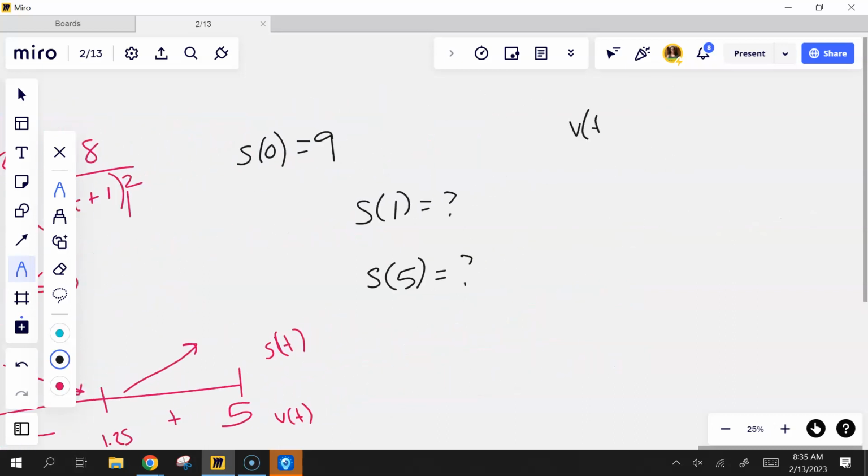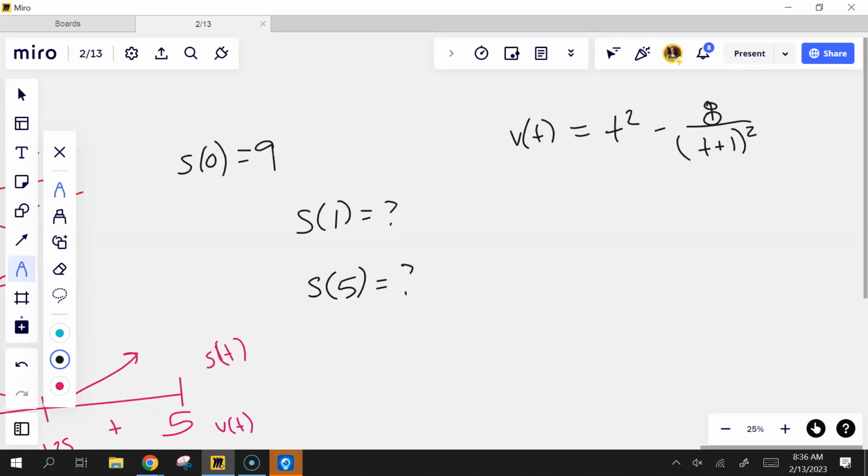I've got v of t equals, what was my equation? t squared minus 1 over, nope, 8 over. Here we go. I didn't mean to put the dt on there yet.